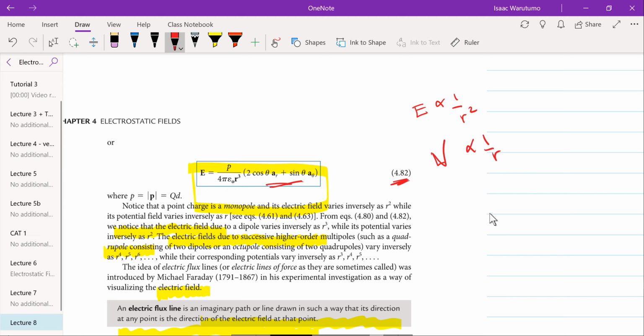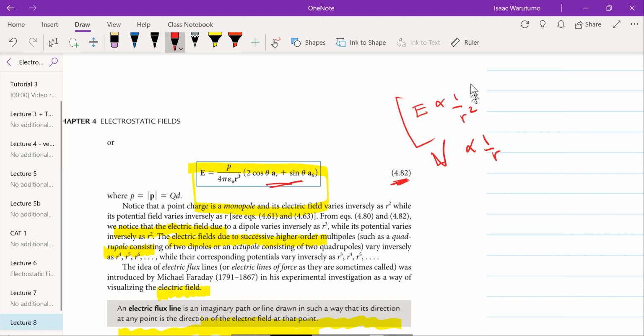Similarly, from equations 480 and 482, we notice that the electric field due to a dipole varies as 1 over R cubed. That is a very important realization.